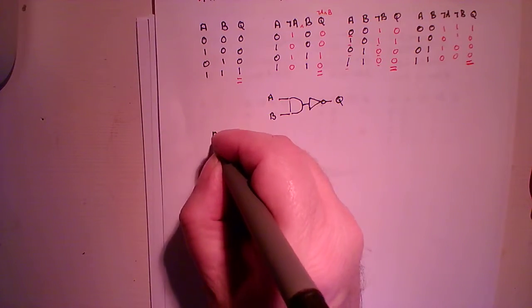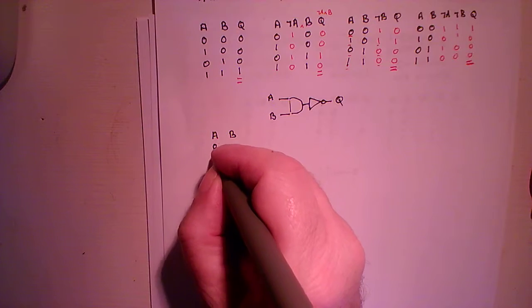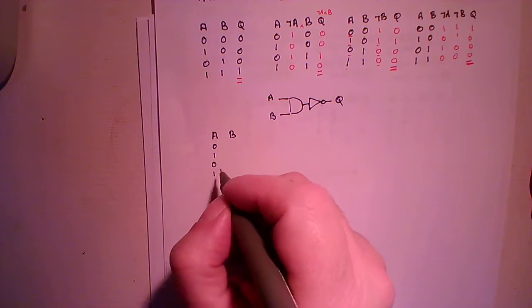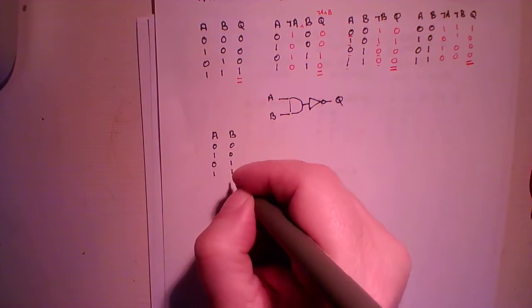So I would have a truth table A and B, which would be 0, 1, 0, 1, and B 0, 0, 1, 1.